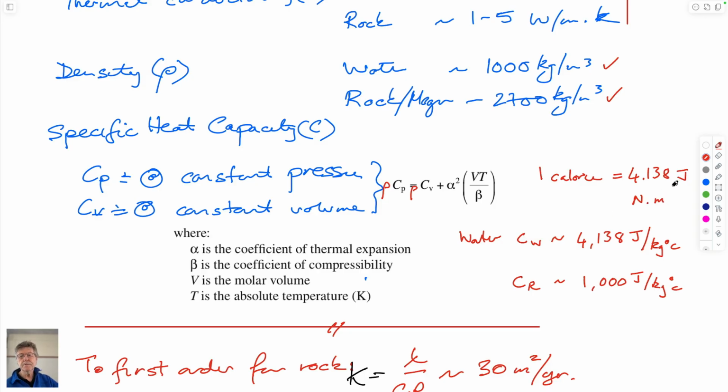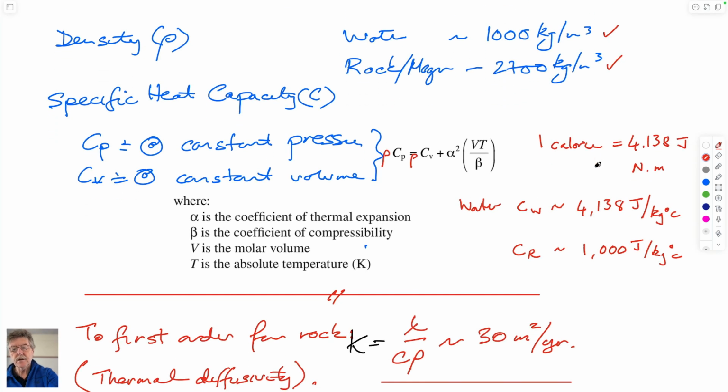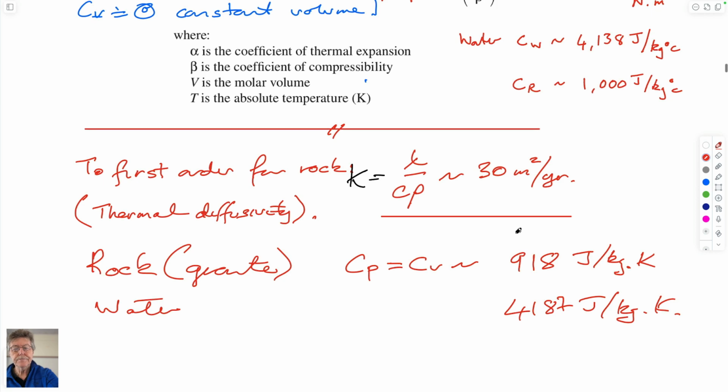So the congruence between mechanical energy and thermal energy is given through this. Calories are the same calories that you burn when you're exercising or walking around campus, and there's a commonality between those two. So it's 1,000 joules per kilogram per Kelvin, and this is 4,187. I guess it wasn't quite right, but close enough.